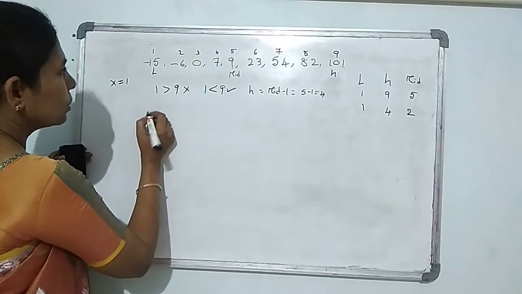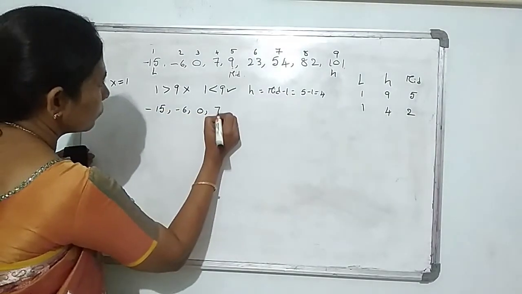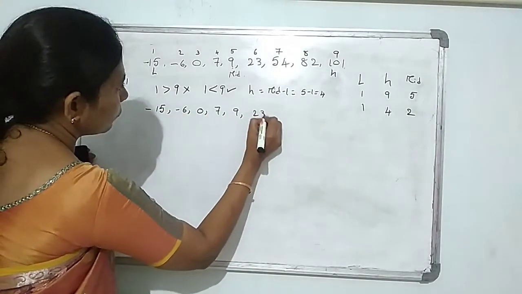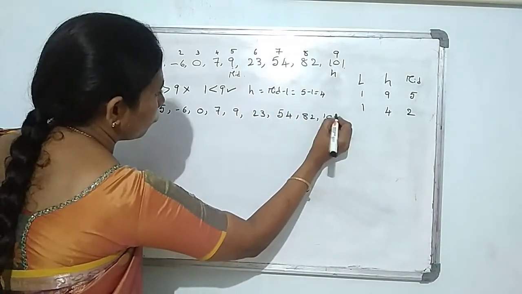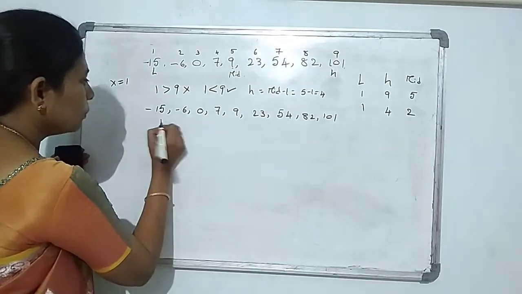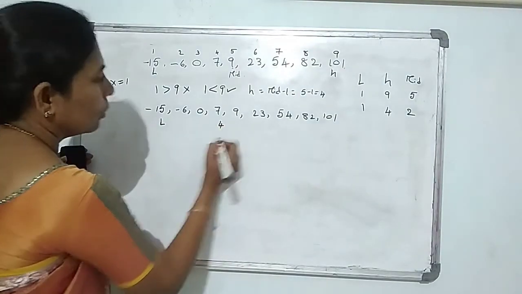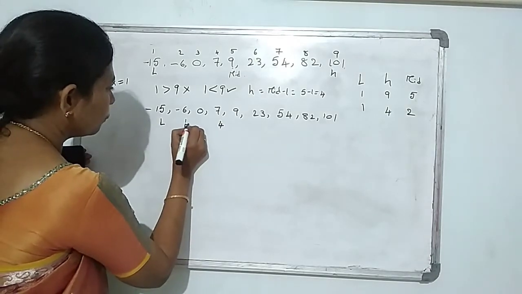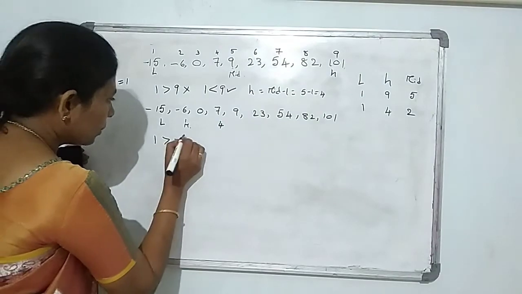Okay, now you can take this one. So low is 1 and high equal to 4, mid equal to 2. Now compare 1 greater than minus 6?